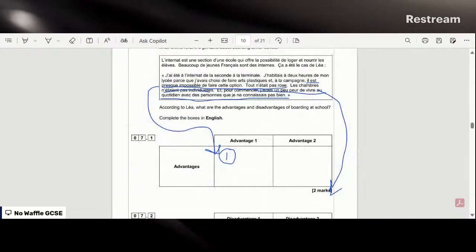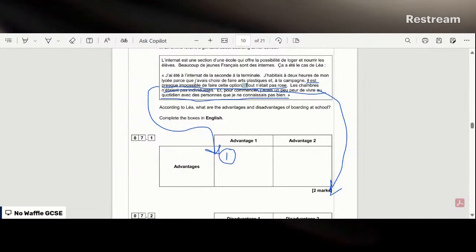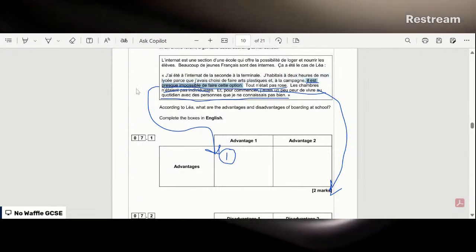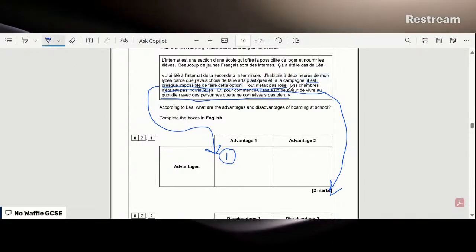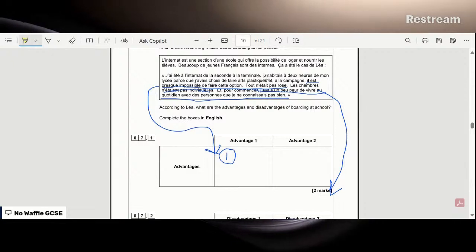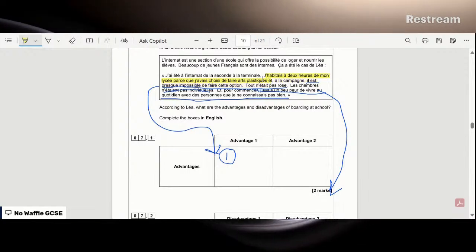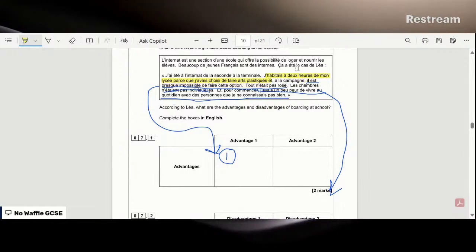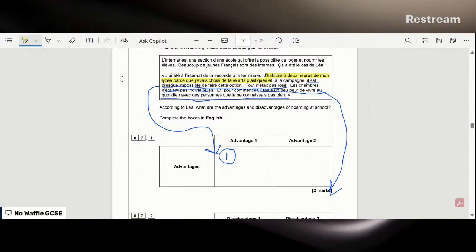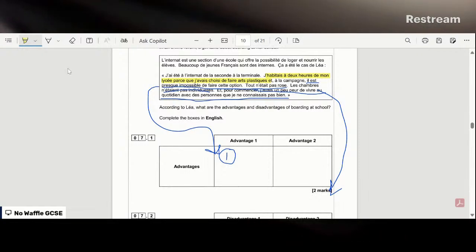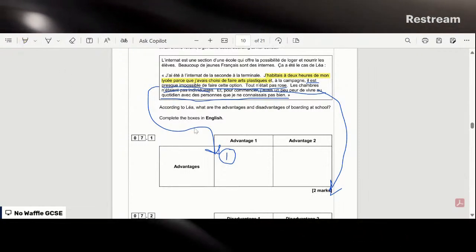Okay, so we've got one advantage there where she's able to do an option that she likes, and another advantage is what you can see here. J'habitais à 2 heures de mon lycée parce que j'avais choisi de faire d'arts plastiques. So she's saying that it's close to her because her nearest other sixth form would be 2 hours of traveling.